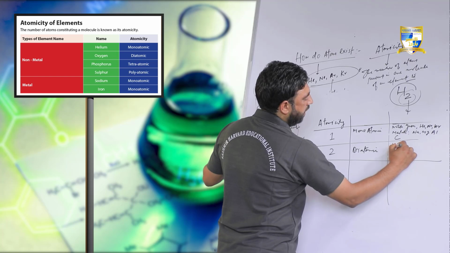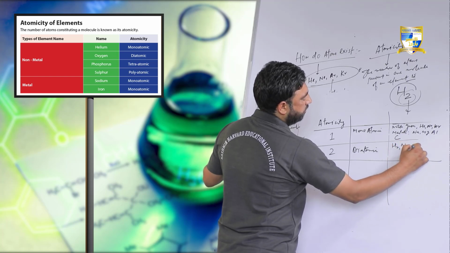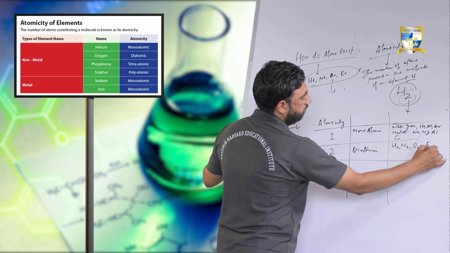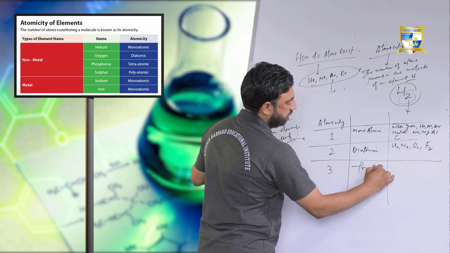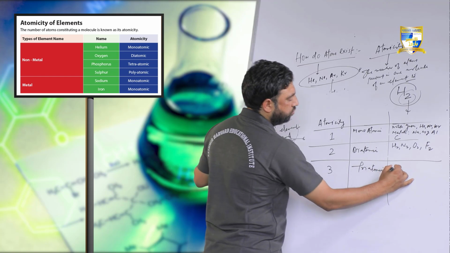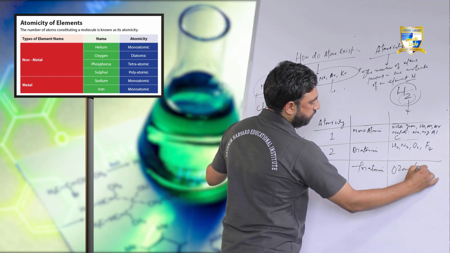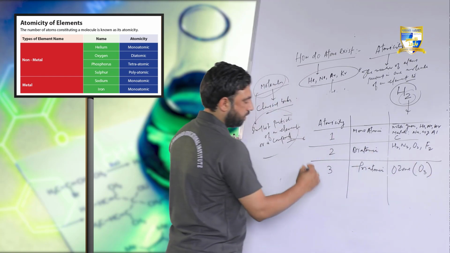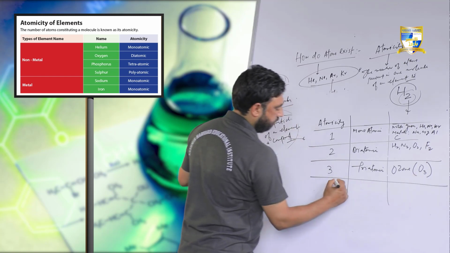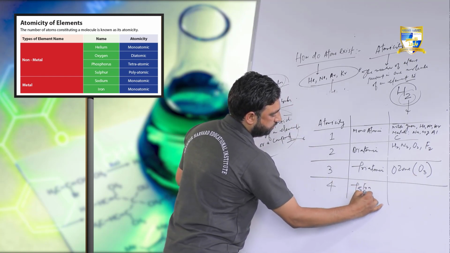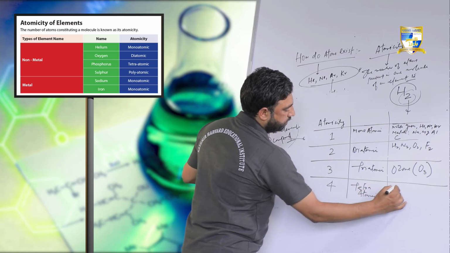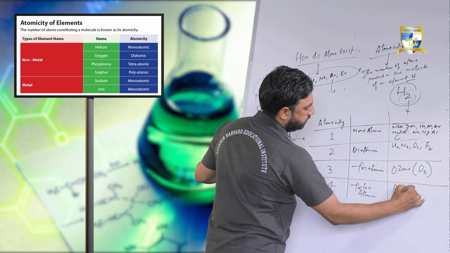So we have diatomic molecules. In diatomic we have hydrogen, nitrogen, oxygen, fluorine. We have triatomic molecules, ozone. Similarly, we have tetraatomic molecules, phosphorus.